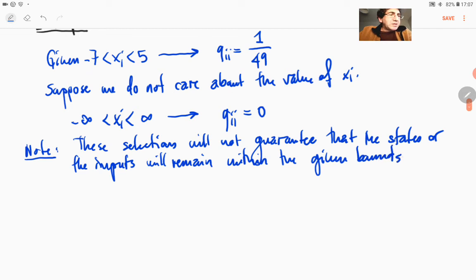But they will certainly suppress those components to be most likely within the given bounds. Okay.